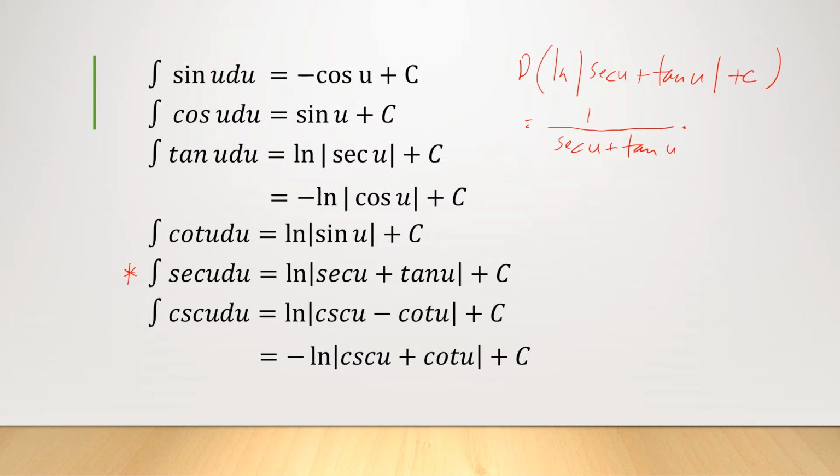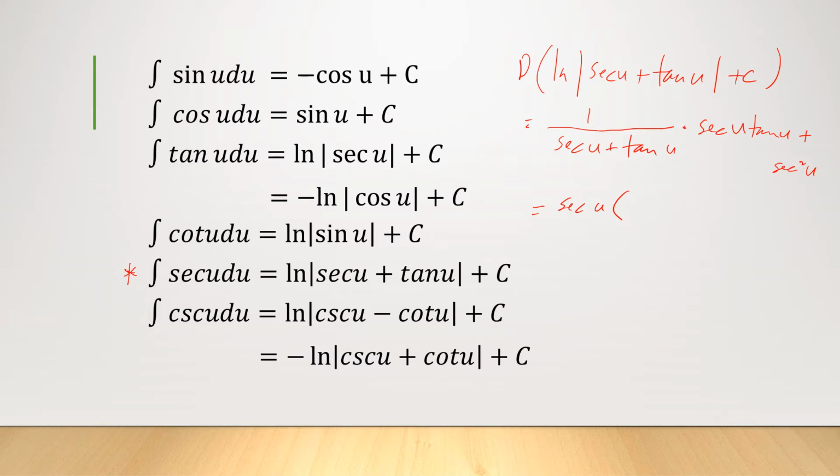multiplied by the derivative of secant u plus tangent u, which is secant u tangent u for secant, and then plus secant squared u for tangent u. Of course, the derivative of c is constant. So for the numerator, we factor secant u.